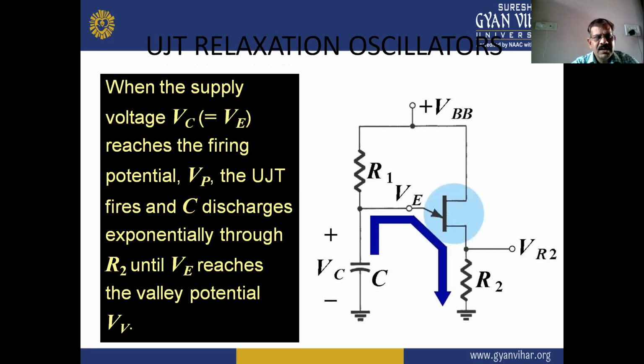When the capacitor voltage VC, equal to the emitter voltage VE, reaches the firing potential VP, the UJT fires and the capacitor discharges exponentially through R2 until the emitter voltage VE reaches the valley potential VV, the valley voltage.